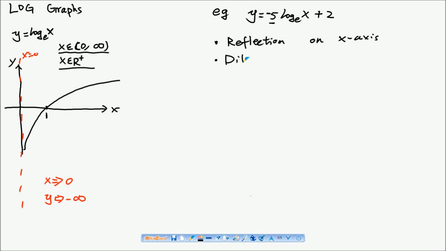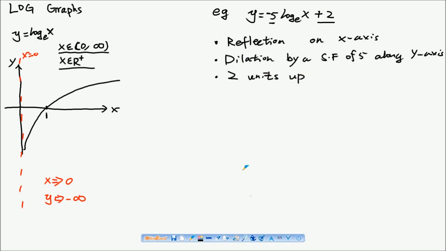So dilation by a scale factor of 5 along the y-axis, and a translation which is 2 units up. So the graph would look like this.